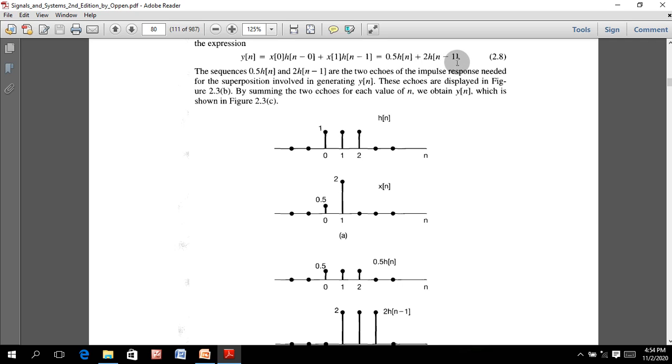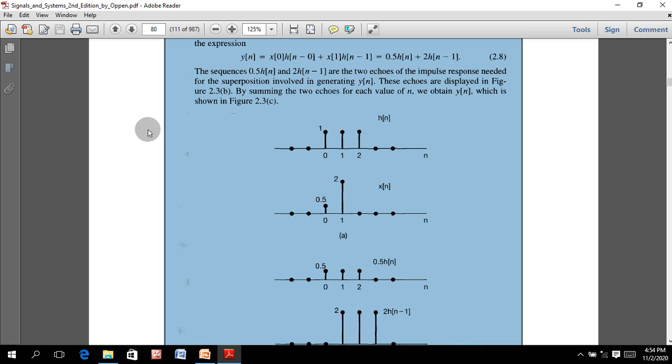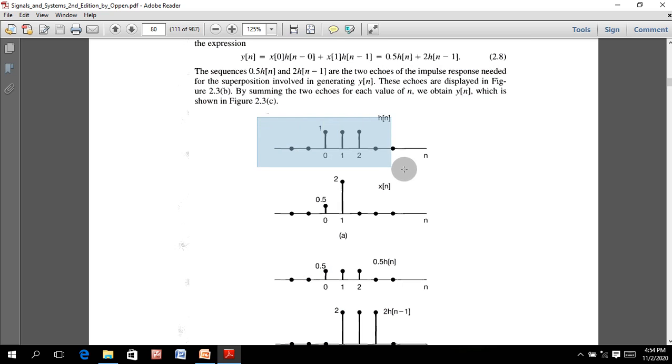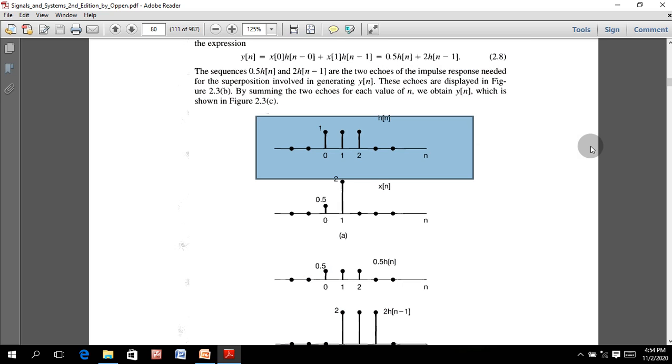Okay, and also what you have realized here is that this is the impulse response of that specific digital system. It is also important to understand that depending upon the system, maybe the system is linear time invariant, the impulse response of different systems will be different.